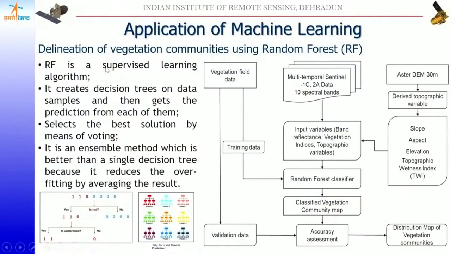Another example is the delineation of vegetation communities based on the machine learning tool that we used, a case study in the Himalayan region, using random forest, which is a supervised learning algorithm.